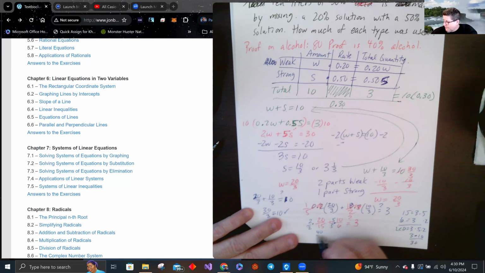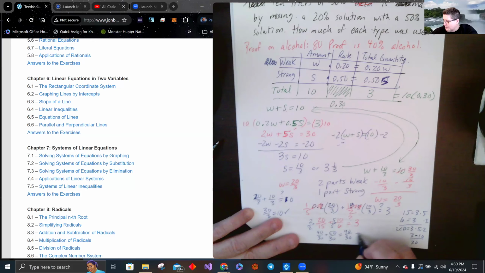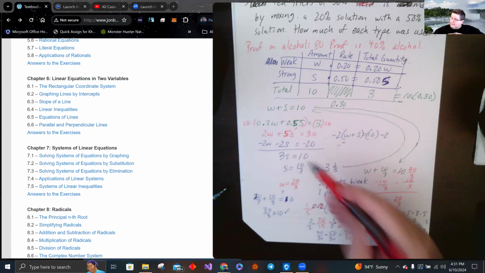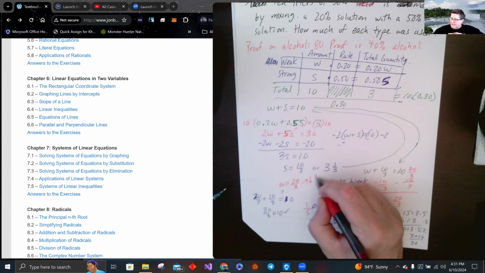I get 40 over 30 plus 50 over 30 equals 90 over 30, which does equal 3. So it satisfied both equations. So 3 1/3 strong, and we basically have 6 2/3 weak.